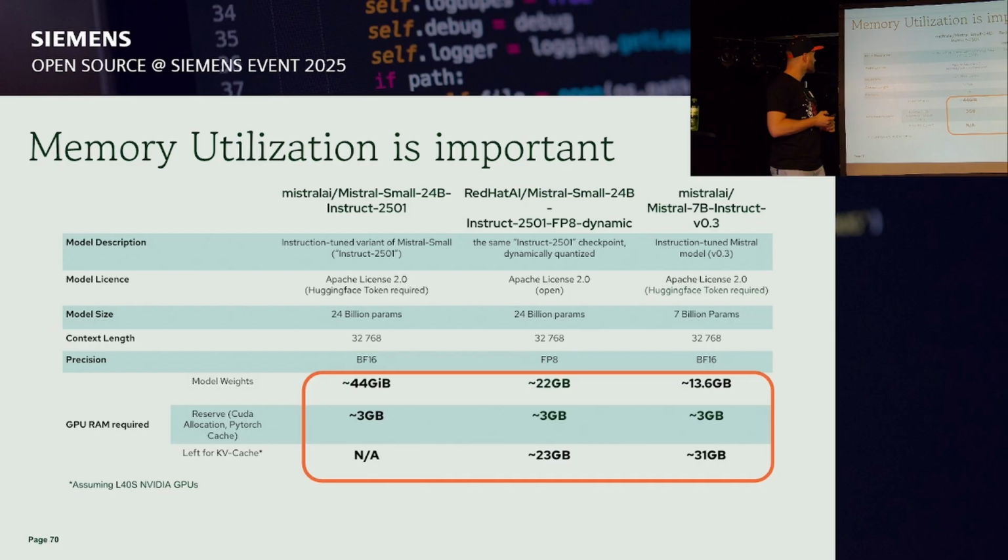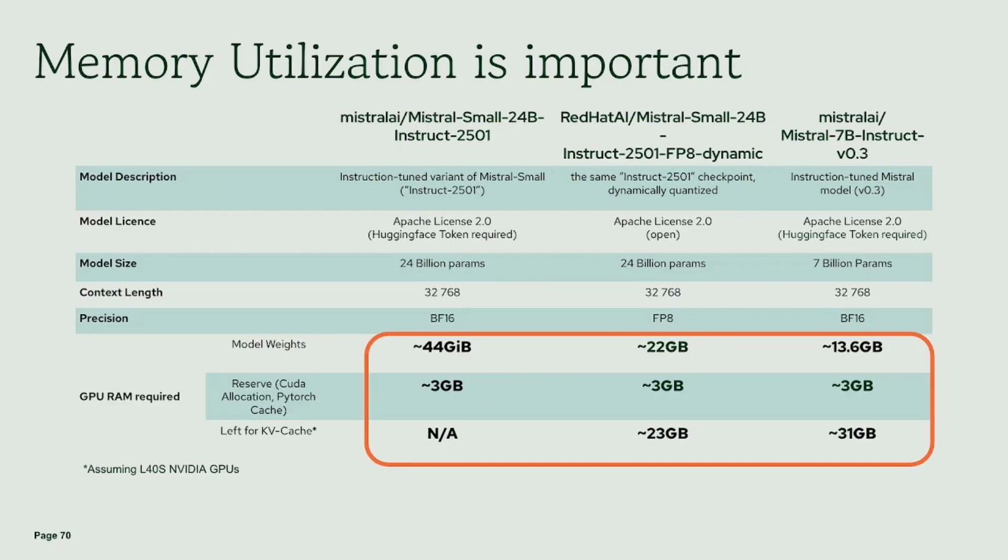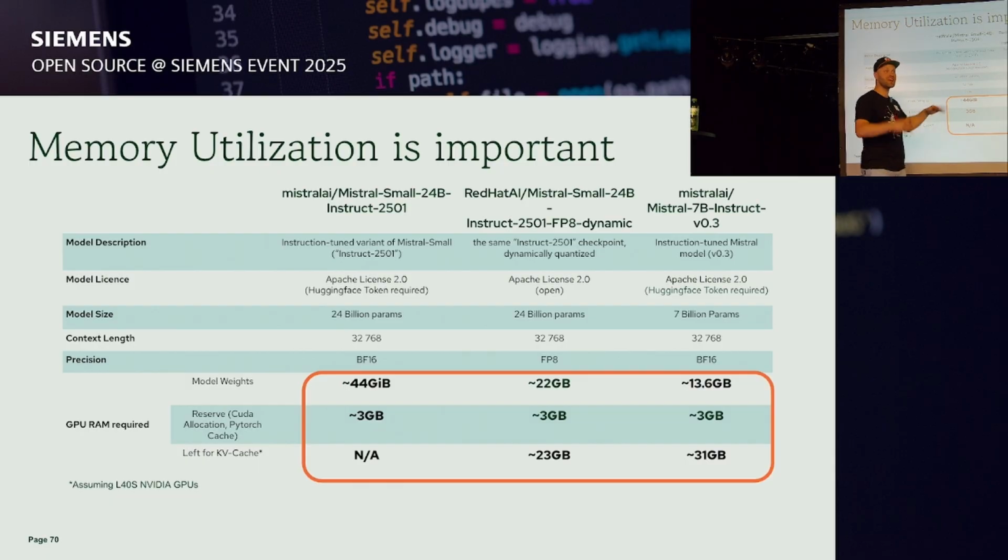And well, first of all, before I talk about the test results, we compared the unquantized Mistral Small 24B with the quantized Mistral Small 24B versus Mistral 7B. What is very important to look at is the memory consumption, just as a first step, to think about whether it actually fits into my GPUs.